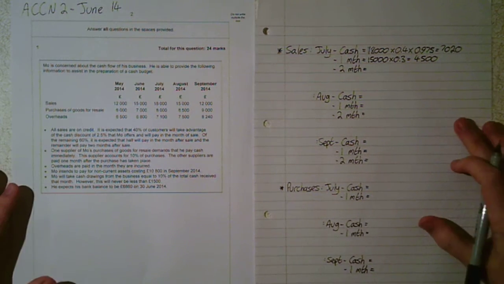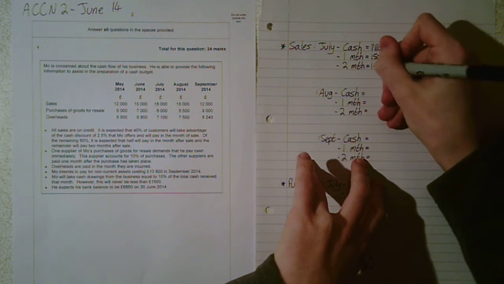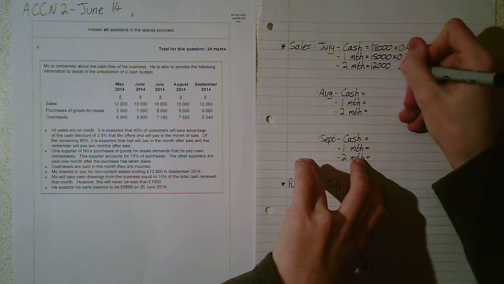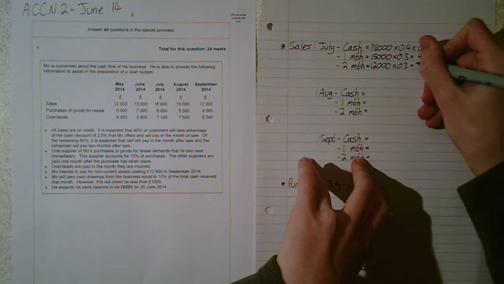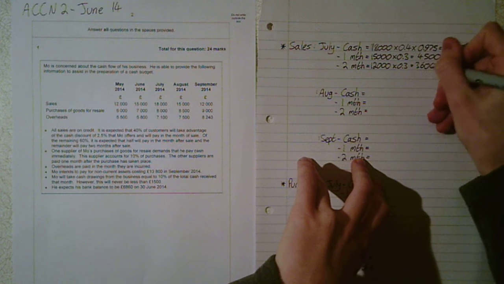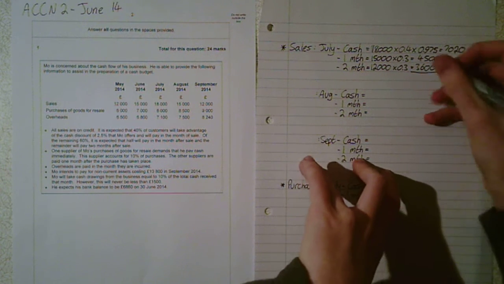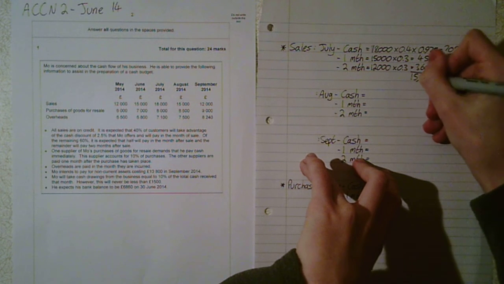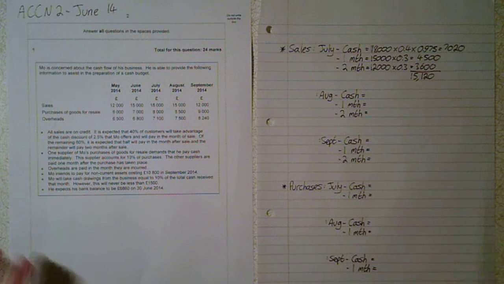And very similar with the 2 month. It's just 2 months before July. So £12,000 times by 0.3 equals 3,600. So the total cash inflow from sales in July is 15,120.